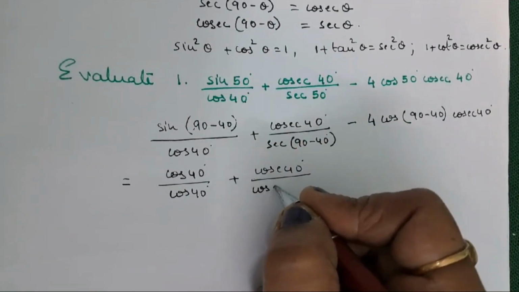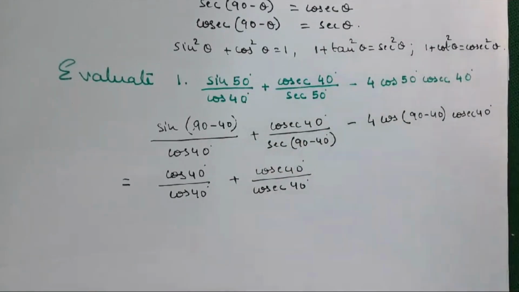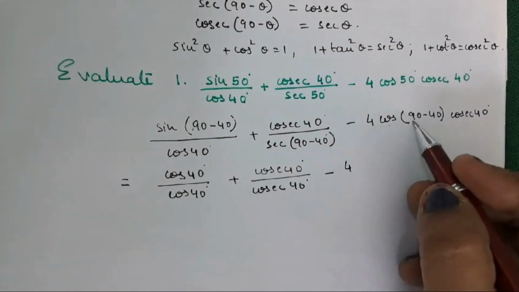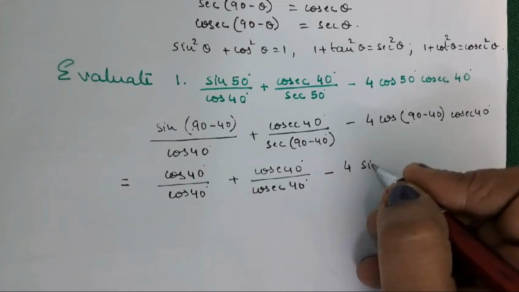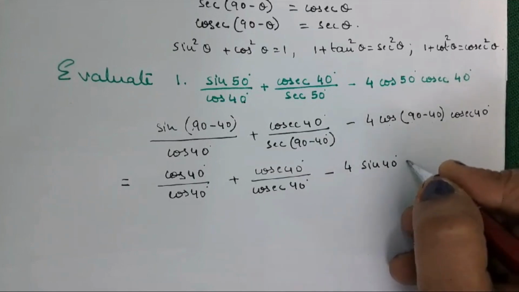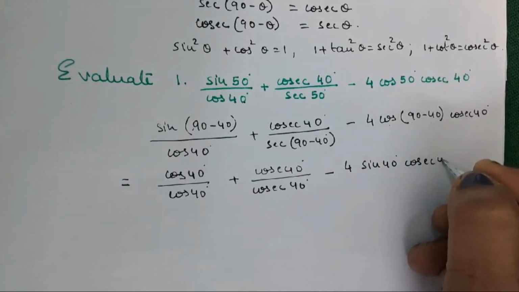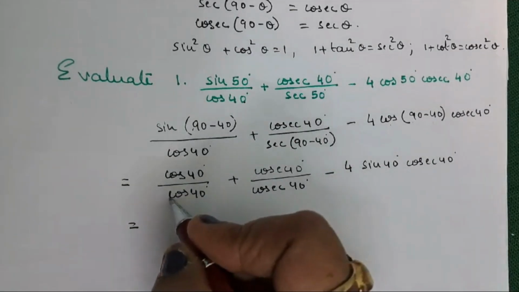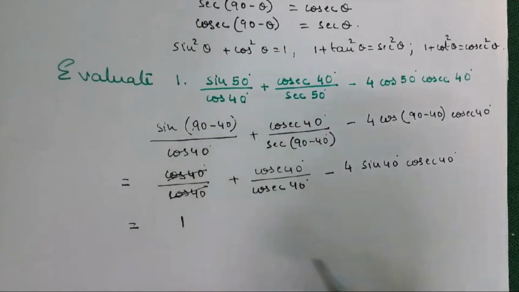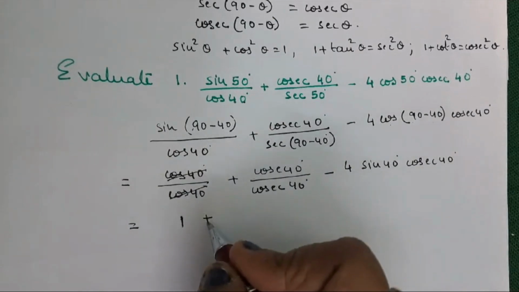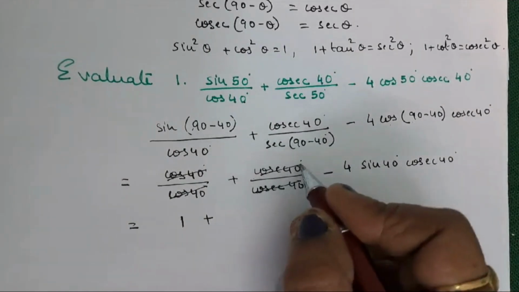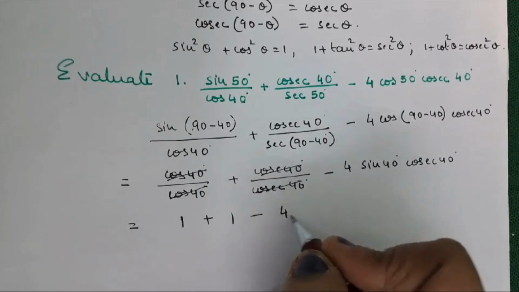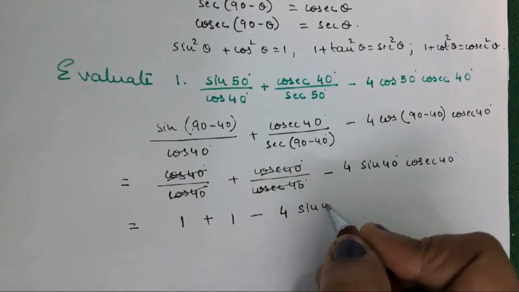So this will become cosec 40, minus 4 into cos 90 minus 40, which is sin 40, into cosec 40. Now cos 40 and cos 40 get cancelled, it is 1, plus here also cosec 40 and cosec 40 get cancelled, it is 1, minus 4 into sin 40.